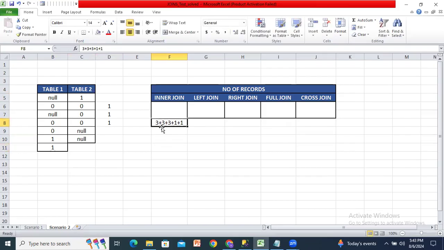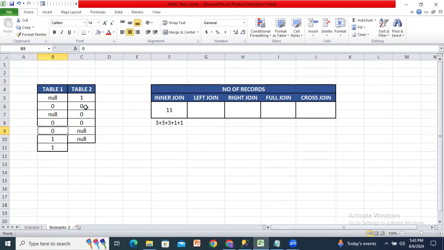Now how many records in total? 3 plus 3, 6 plus 3, 9, 9 plus 1, 10, plus 1, 11. So total 11. So in shortcut, how will we consider this? First, null is not counted, so there are no matching records. Ignore. 0: how many zeros are available? In table 1, 1, 2, 3.